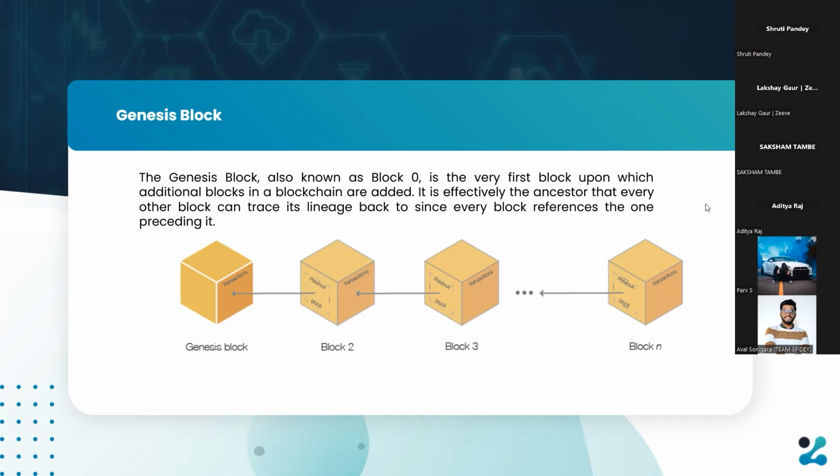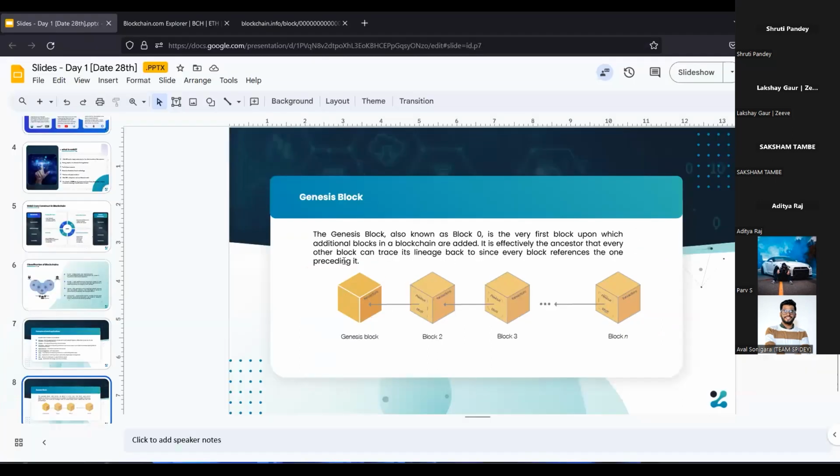So I think at this point we can take a break, and once we come back, we can talk about what are the details that are stored inside the genesis block. We can take an example of one particular genesis block. Maybe we can explore the raw JSON of the genesis block for Bitcoin, and we can see what are the details that are stored inside it, and then we'll talk about a bunch more technical details once you come back.